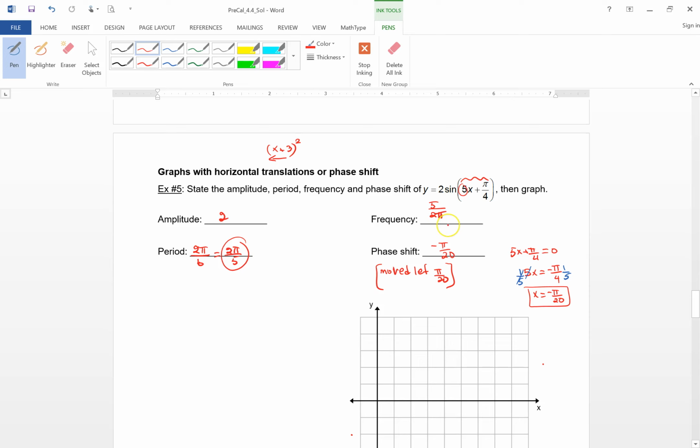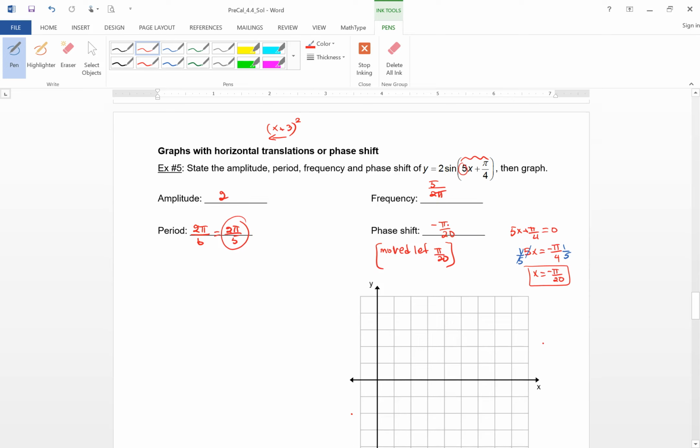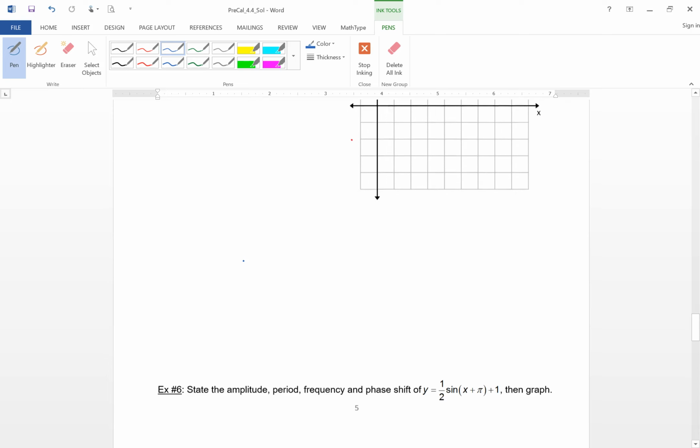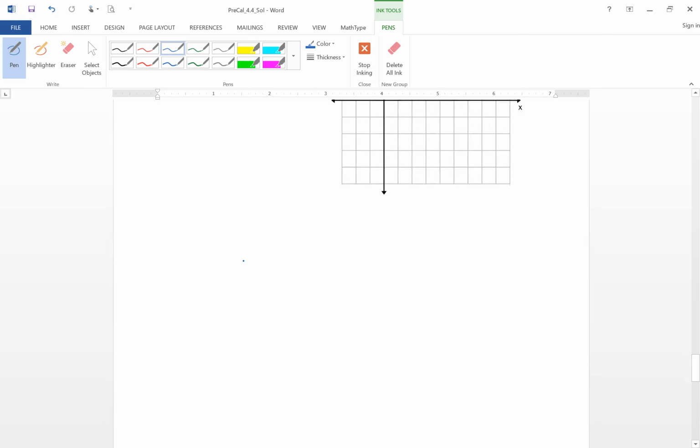Yes, pi is a normal, cute little number. All right, so to graph this, here's what we're going to do. We're going to go 0 less than or equal to 5x plus pi over 4 less than or equal to 2 pi. And it looks like I need to stop here.